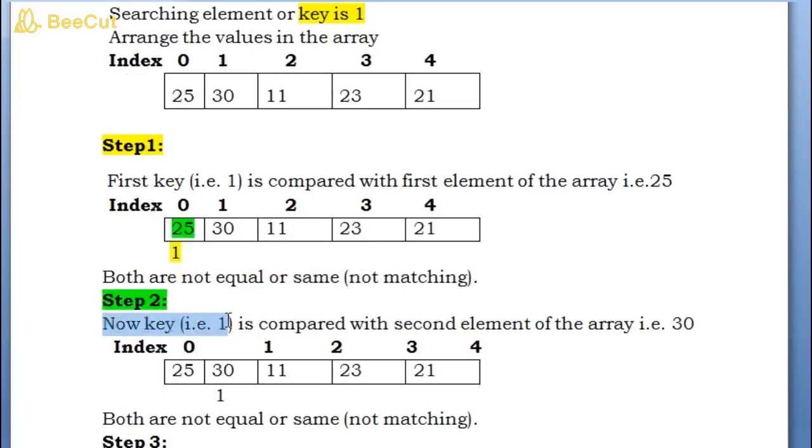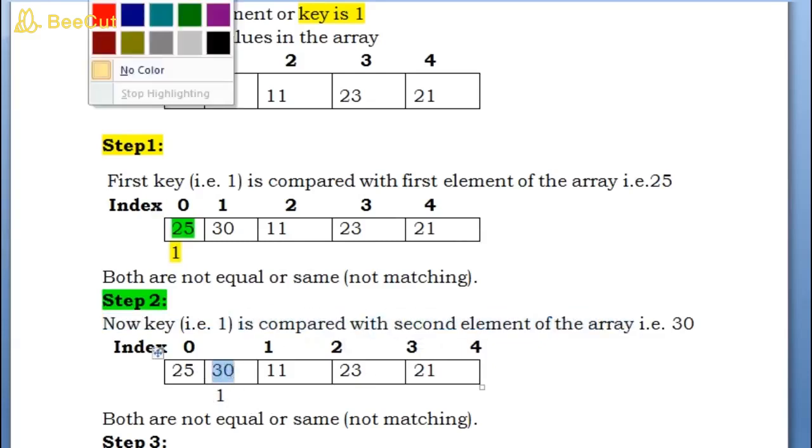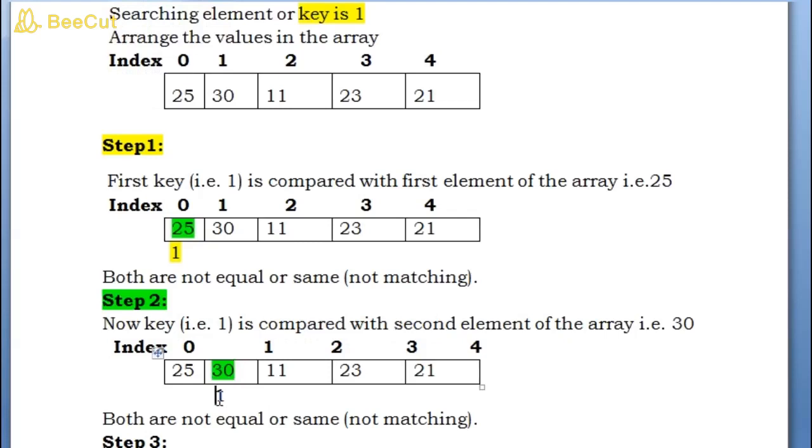Now the key value, that is 1, is compared with the second element of the array. What is the second element of the array? It is 30. Now 1 is compared with the second element of the array, that is 30.